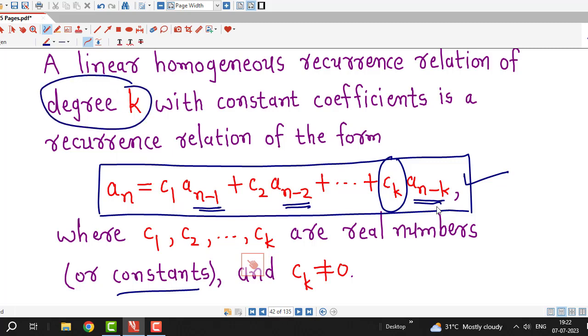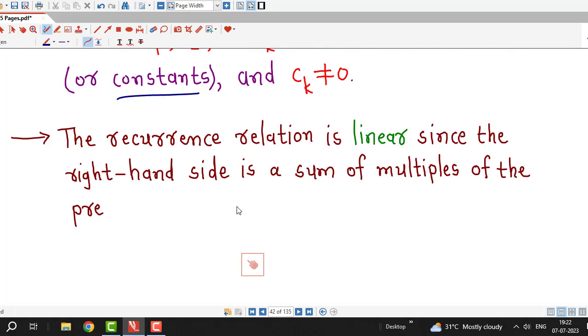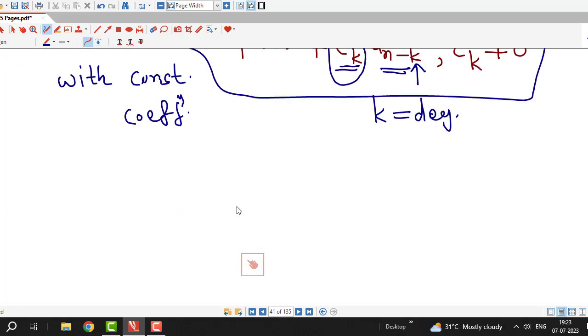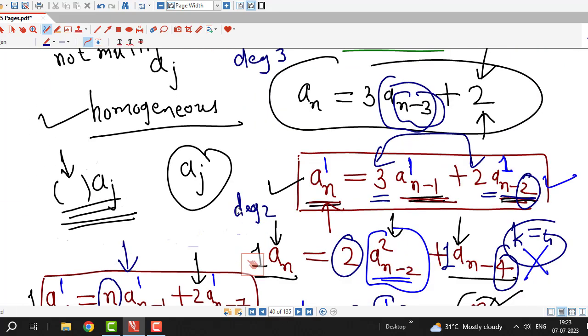Degree is k because here this ck is non-zero. So remember the standard form of a linear homogeneous recurrence relation with constant coefficients of degree k. And here I have written some examples which I just discussed in the previous discussion. In this way we can decide whether our recurrence relation is linear homogeneous with constant coefficients, and what is the degree of the recurrence relation.